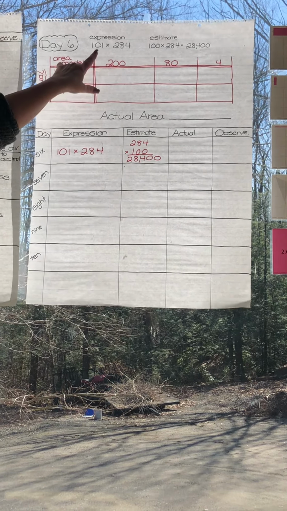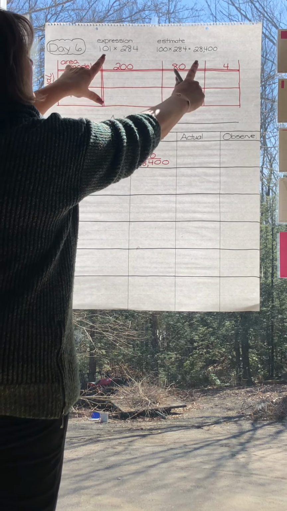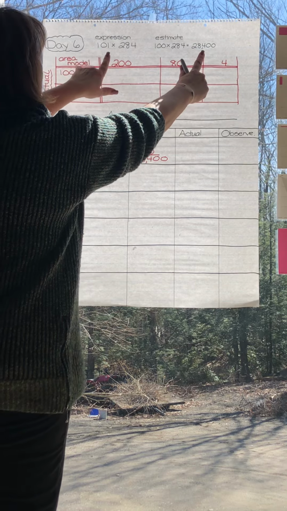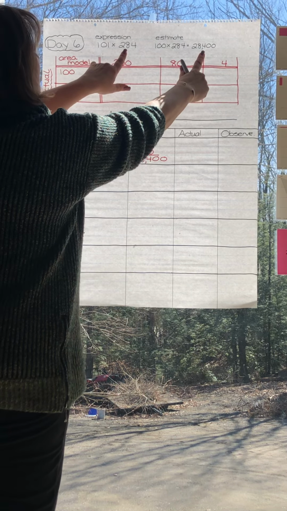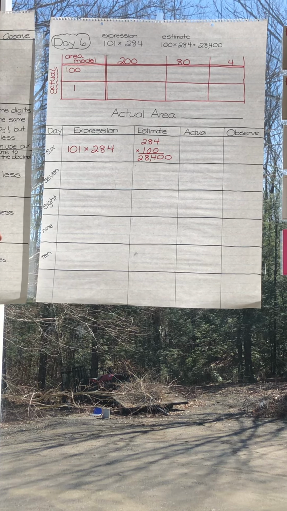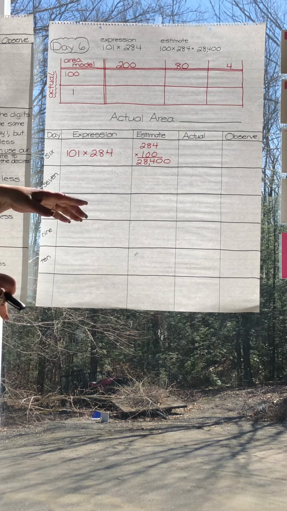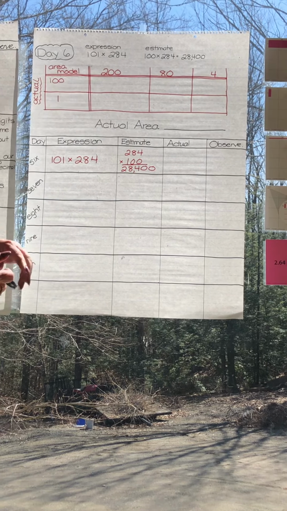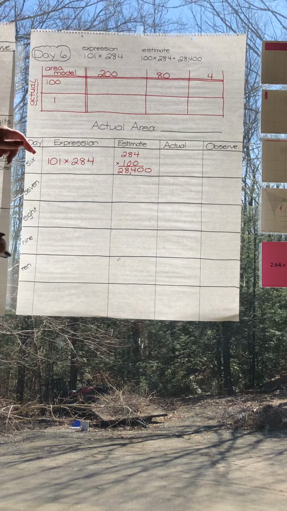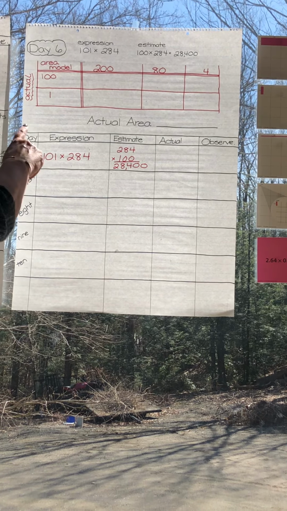So some of you said, well, if I know what 100 times 284 is, I can just add another group of 284 to this and get 28,684. And that's the correct answer. Others tried the standard algorithm, and still others used the area model. So we'll show you that again.